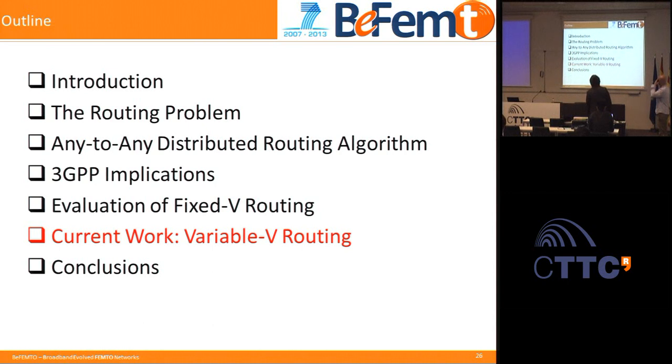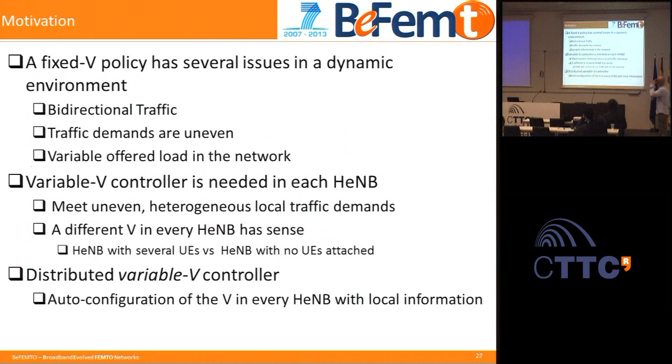Okay, so going back to the variable V algorithm, the goal of this algorithm is to be able to auto configure the V parameter in each home node B in function of the local offered load or the local congestion in the network of femtocells.